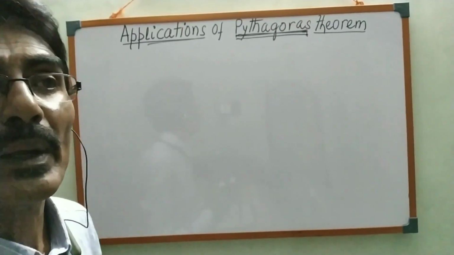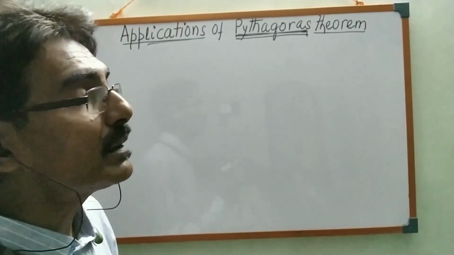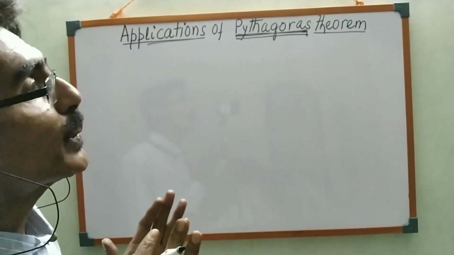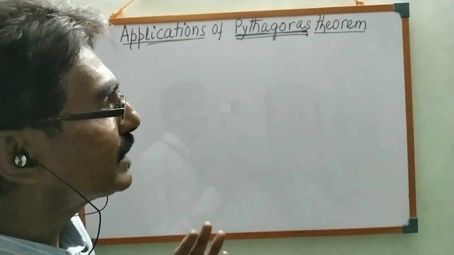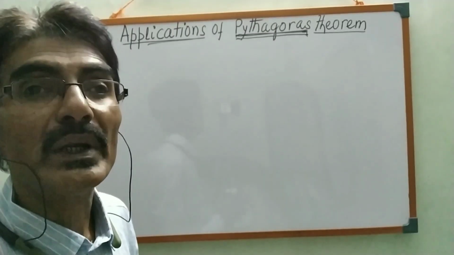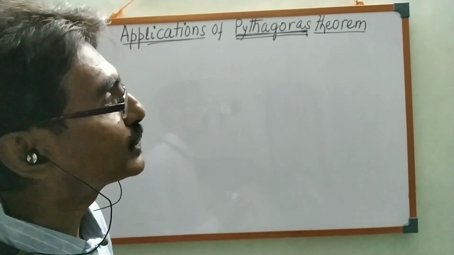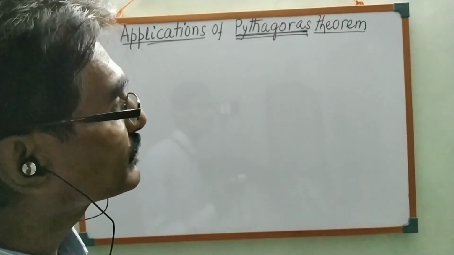In Pythagoras theorem, what you have got last day? For a right angle triangle, always Pythagoras theorem is applicable, and the result is square of the hypotenuse always equal to sum of the squares of other two sides.